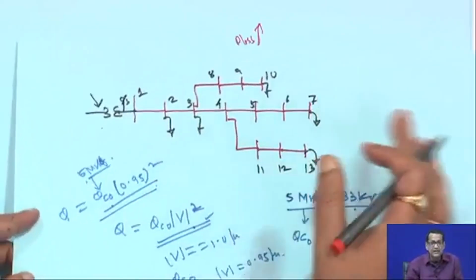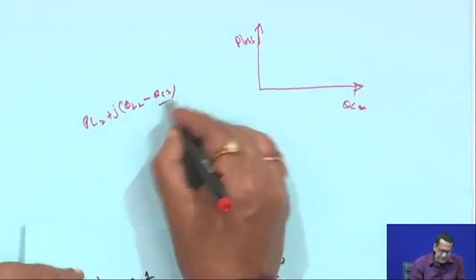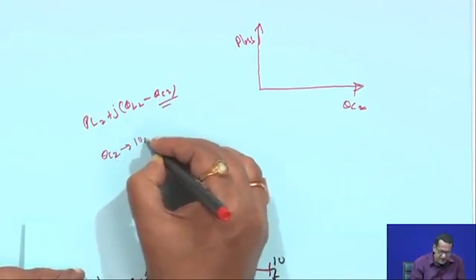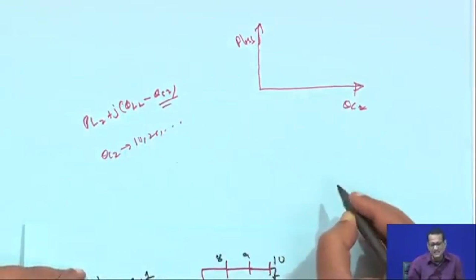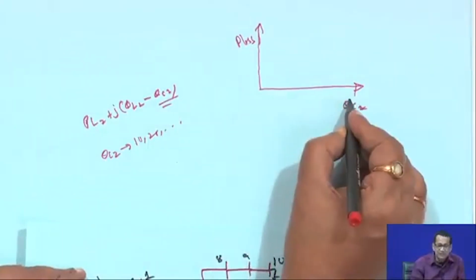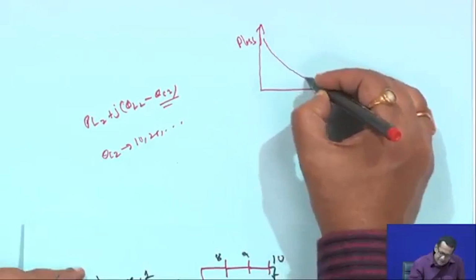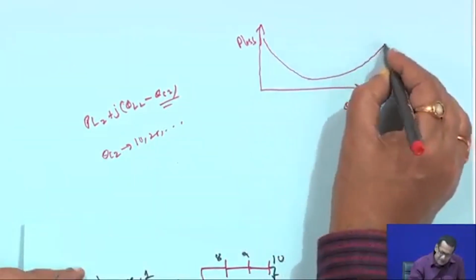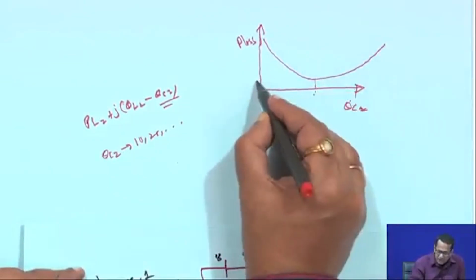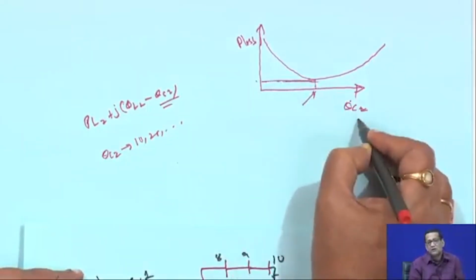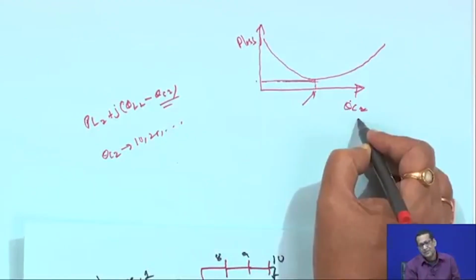In the load flow data, you just increase the QC value in steps. Suppose QC2 in steps of 10, 20 like this, you go on increasing. Then you will get a graph like this. It will be something like this, and this will be your minimum loss, and this is the optimum value of QC.